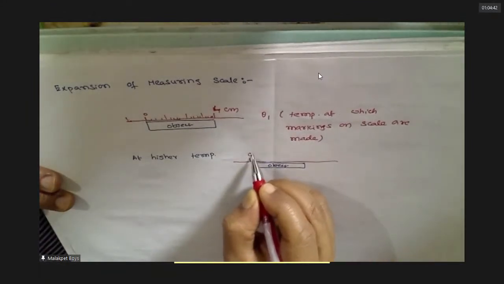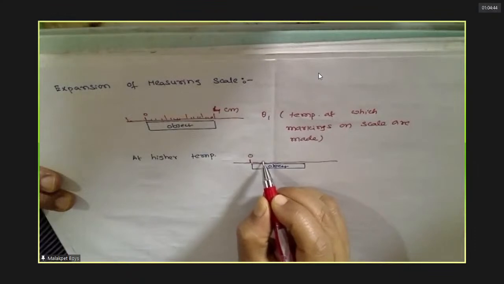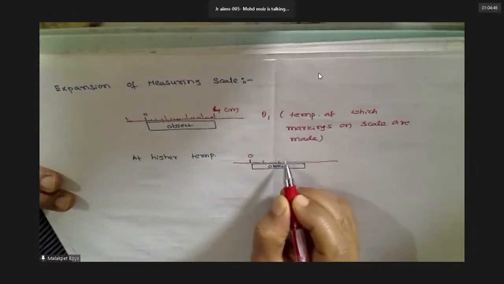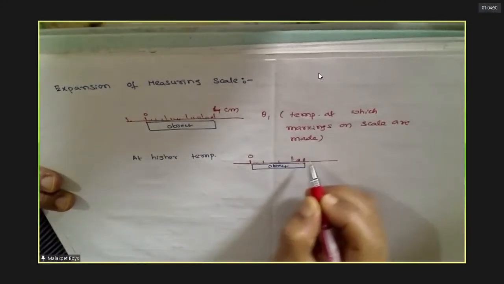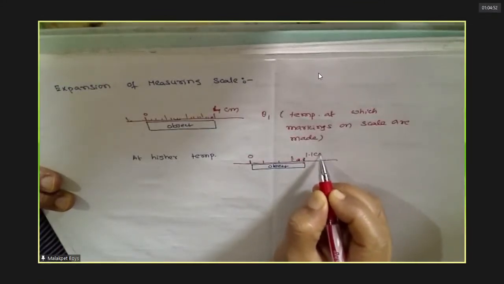Suppose this is 0, this will be from 3 centimeter, so you may have here 1.1 centimeters. Example I am showing.